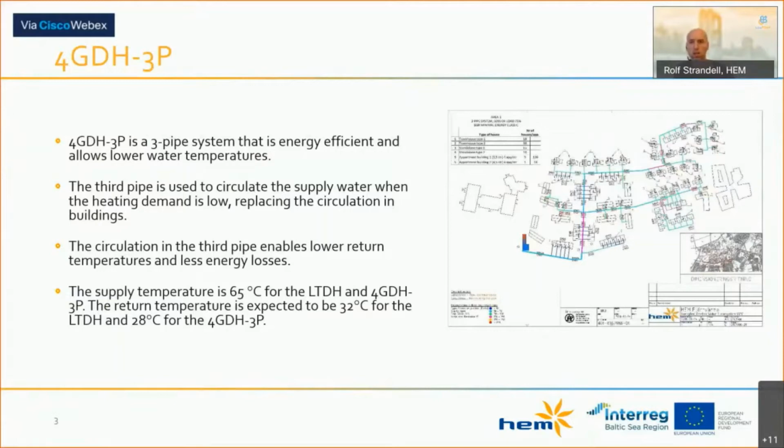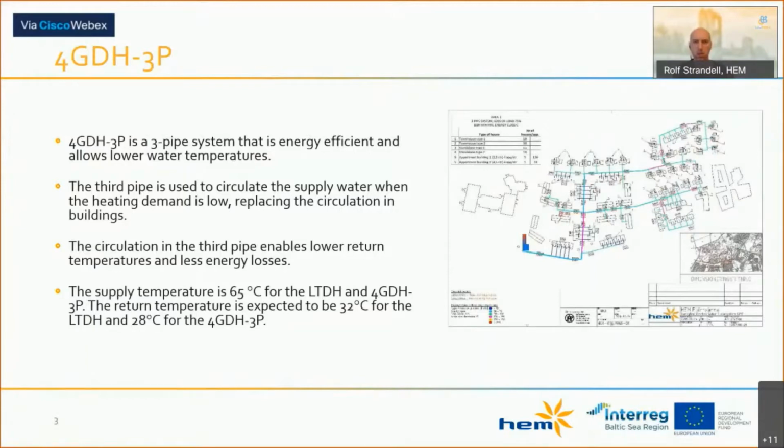Why is it so important to have lower return temperature? The lower the return temperature, the better our facilities work. So we can be more energy efficient, and we have less energy losses in the network.